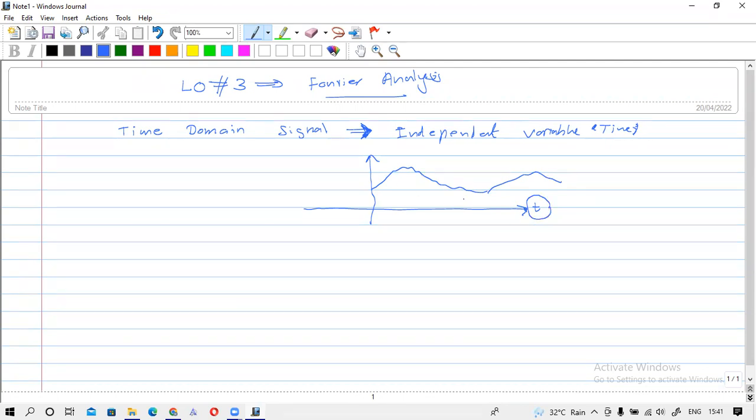So this is the time domain signal. If our independent variable is time, we call it time domain signal. So tell me, what is the instrument we are using to see the time domain signal?